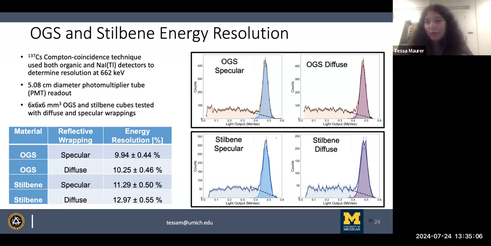I'm not going to go into a whole lot of detail on that, but the main thing I want to focus on is how the OGS compares to Stilbene. If we look at either the specular reflective wrapping case or the diffuse, we actually see the OGS is a little bit better than even the Stilbene, right? And so it's at very least comparable. So this was really exciting because Stilbene again is that gold standard that we want to get to.